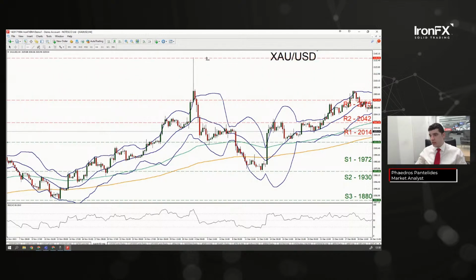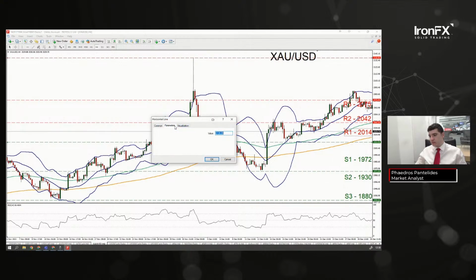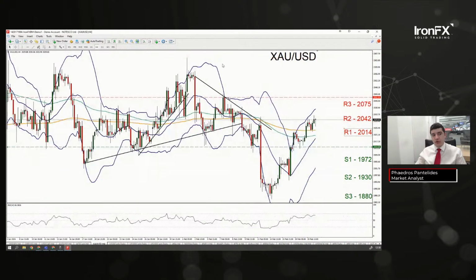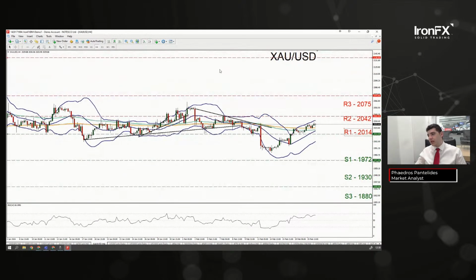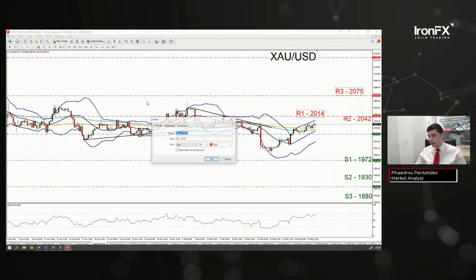Too close, all-time high. 2135 or 2136 all-time high figure of gold. Yeah, it's very far away, but that's the data we have. Anything else would have been simply too close.